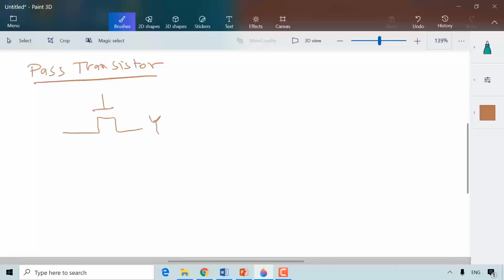For example, let's say this is A, and this is S. This is Y, and Y is A ANDed with S.